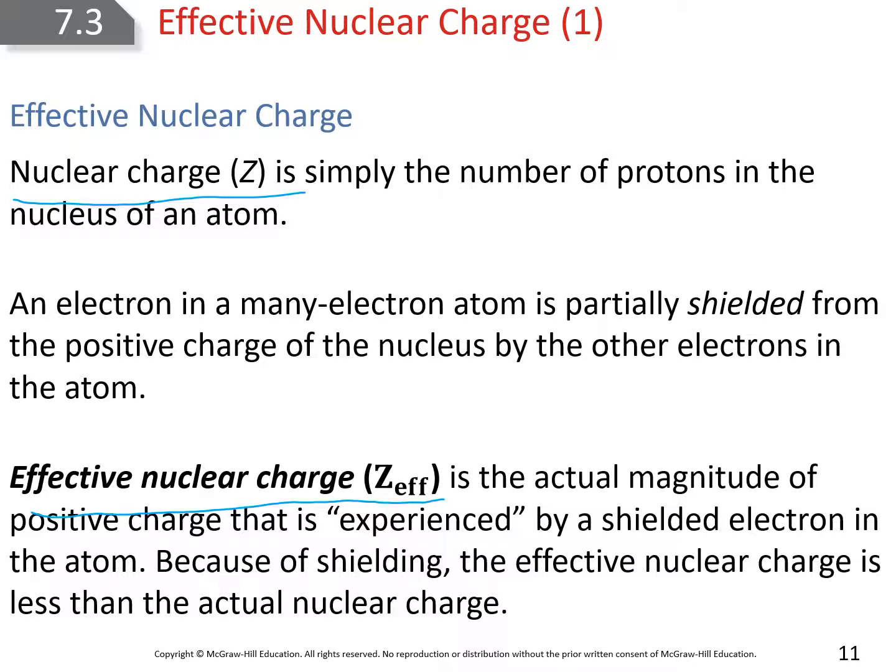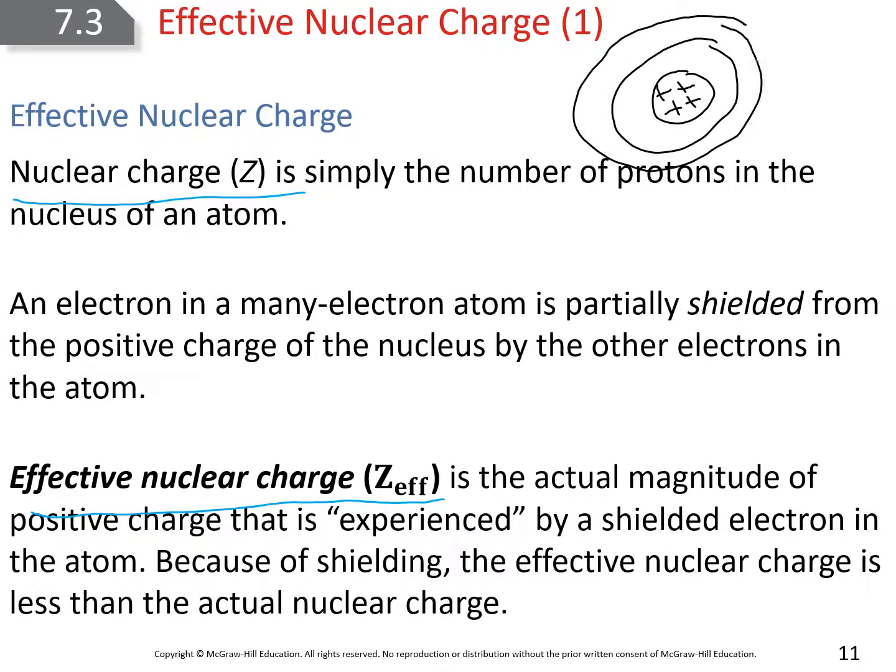So if you can imagine that we have a nucleus with positive protons and electrons that orbit it, and I'm just making this up. This isn't really a real element. I'm just making it up for the purposes of demonstration. If you can imagine that, for example, this electron right here is being pulled towards that positively charged nucleus because electrons are negative.